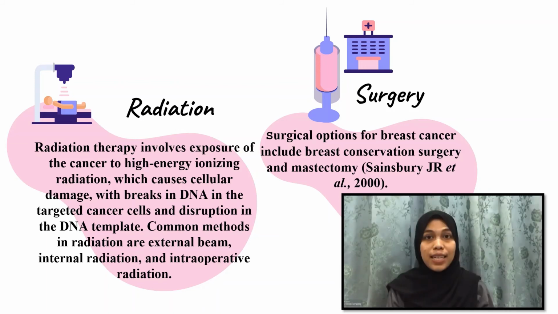Next, radiation therapy involves exposure of the cancer to high-energy ionizing radiation, which causes cellular damage, with breaks in DNA in the targeted cancer cells and disruption in the DNA template.